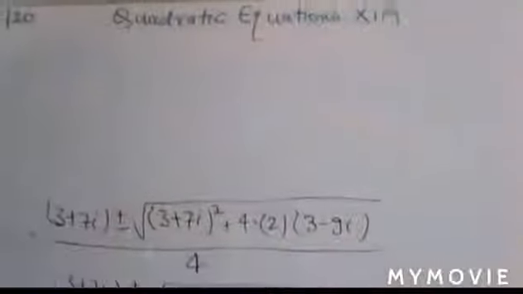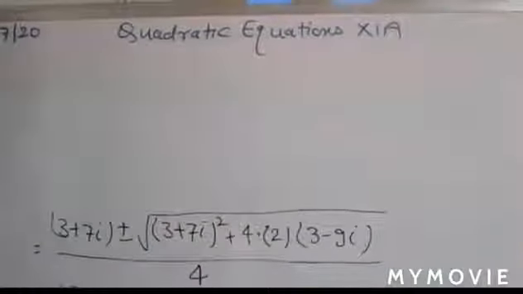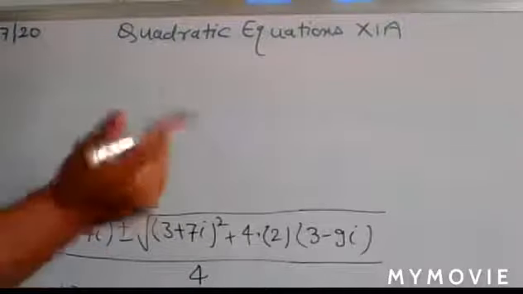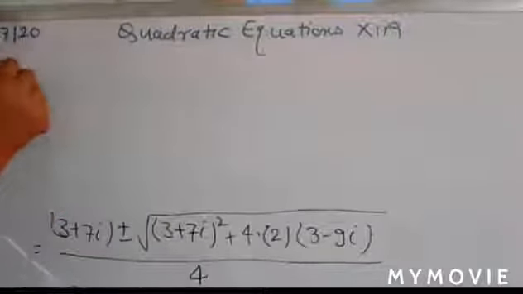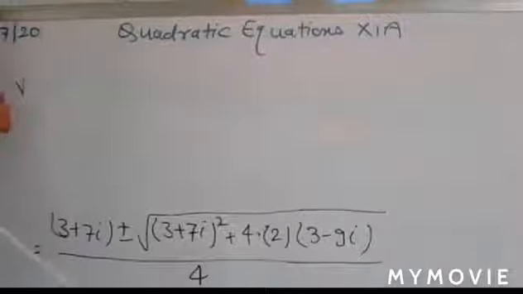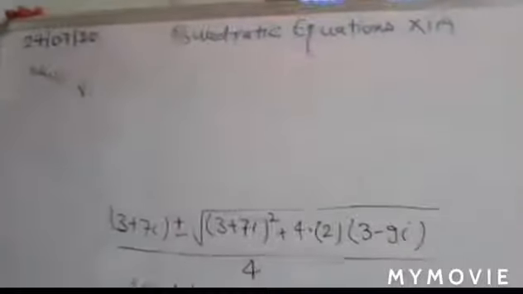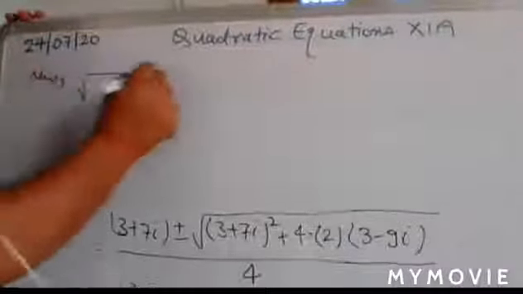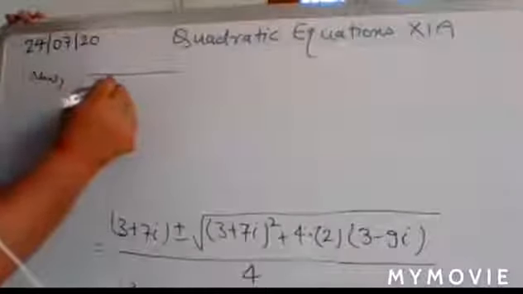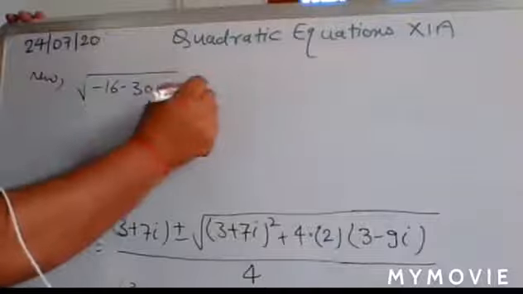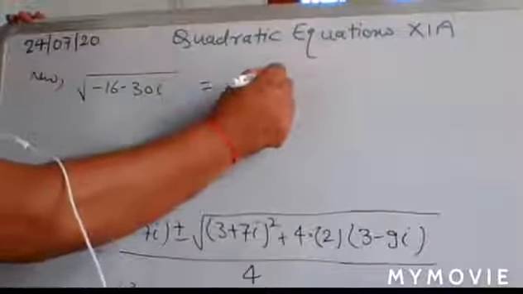Here your number within the root is a complex number, so its square root is also complex. So here you assume in this way. Now under root minus 16 minus 30i is equal to a plus ib.